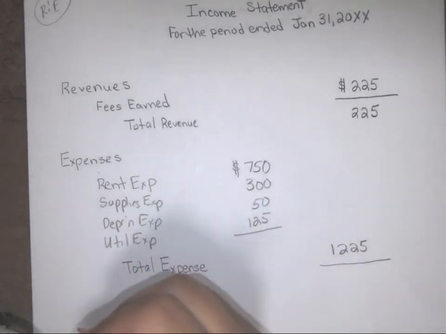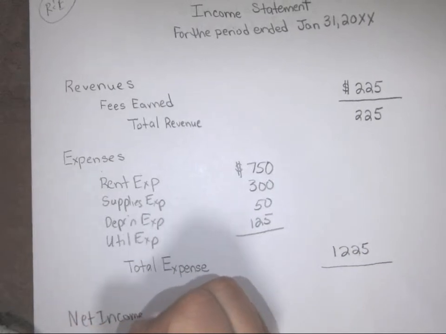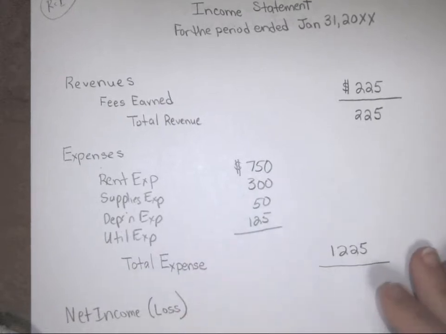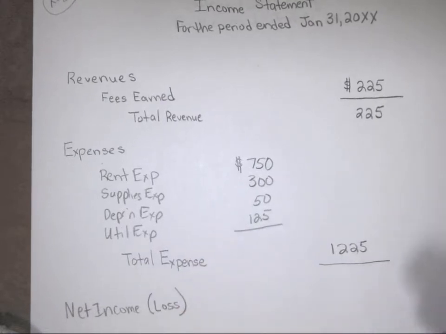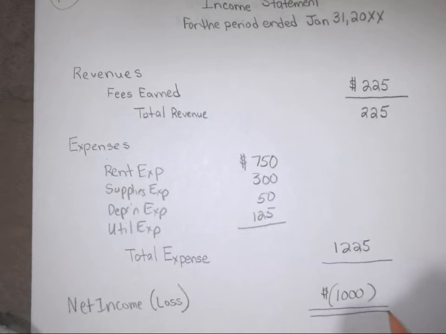And then what that's going to give me is my net income, or it could be a net loss. In this particular case, my expenses are more than my revenues, and so I actually do have a net loss here of $1,000. And so I would come in, I would take the 225 minus the 1225, and I get that negative number.